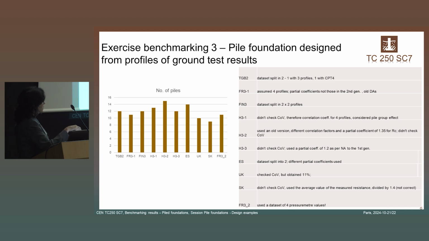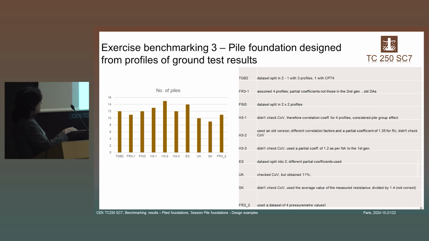In Slovakia, they didn't check the coefficient of variation, and they used the average value of the measured resistance divided by 1.4, which again was not correct. So people are mixing all those various tables and factors together.